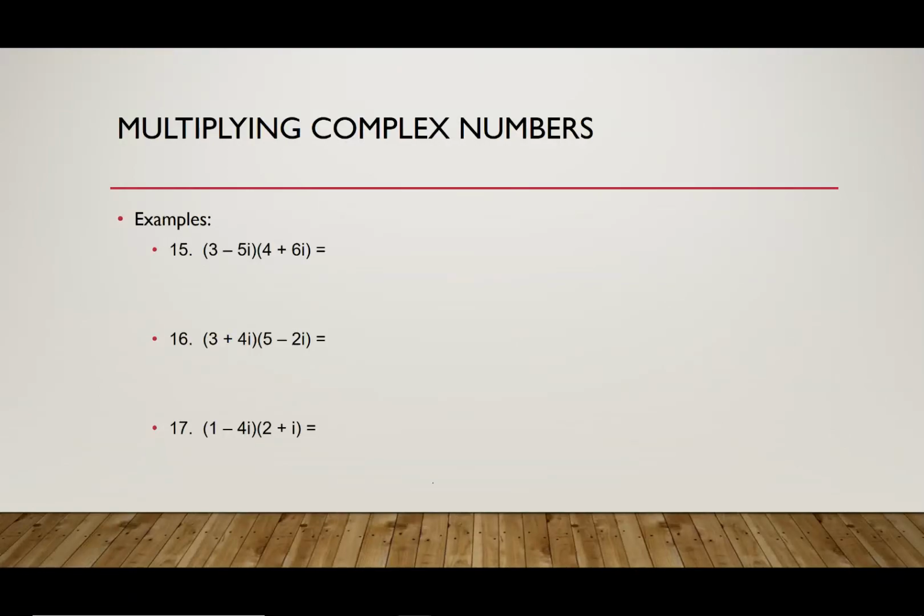So distributing, remember the FOIL thing? Neither do I, but we're using it again. 3 times 4 is 12. 3 times 6i is 18i. Negative 5i times 4: negative 5 times 4 is negative 20, so negative 20i. And negative 5i times 6i: negative 5 times 6 is negative 30.